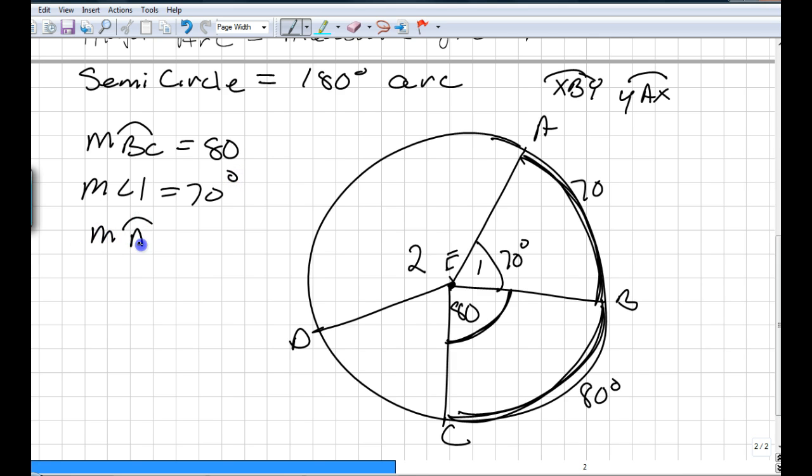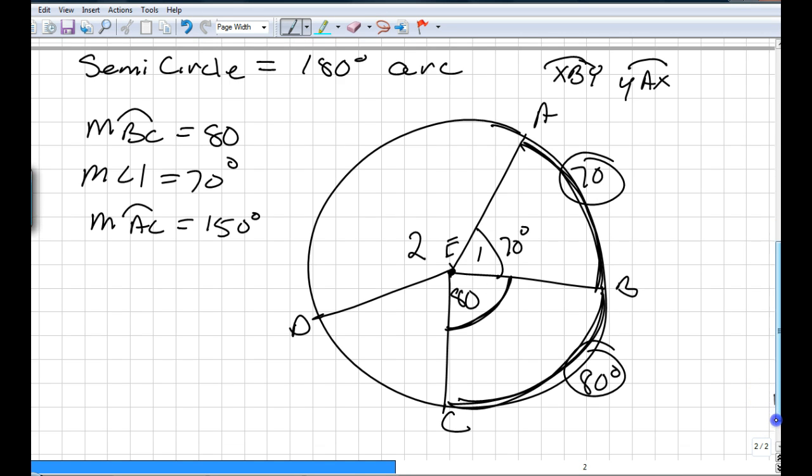Measure of arc AC. So measure of arc AC would be this arc plus this arc. So that would be 150 degrees. We got that by adding the two arcs together.